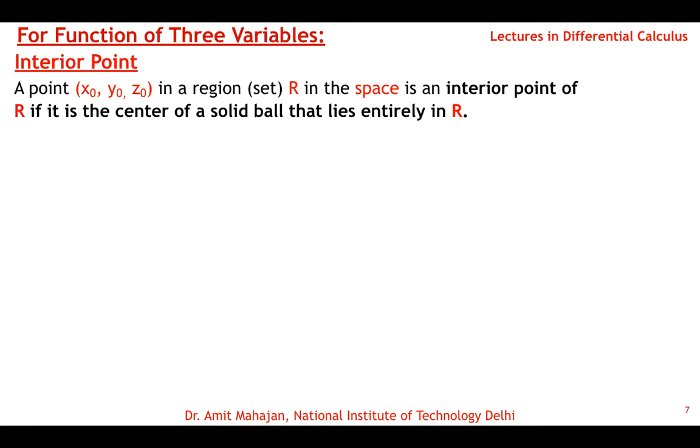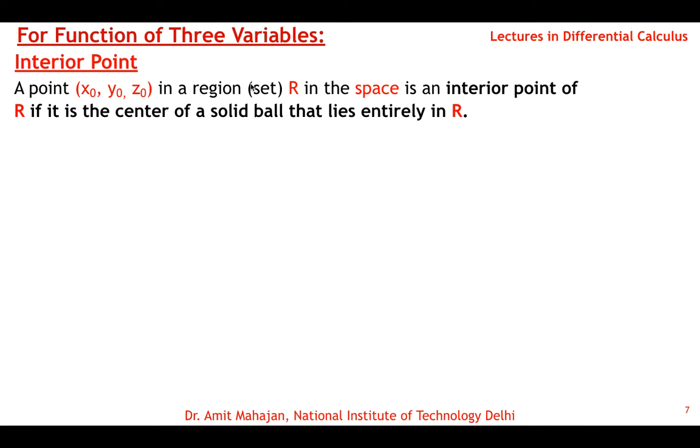Because in functions of 3 variables, instead of the xy plane, the domain is in xyz space. So any point x naught, y naught, z naught in space, inside a region R in this space, is an interior point of R if it is the center of a solid ball that lies entirely in R.